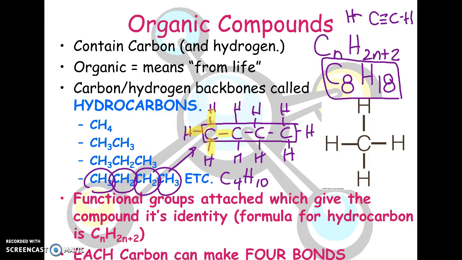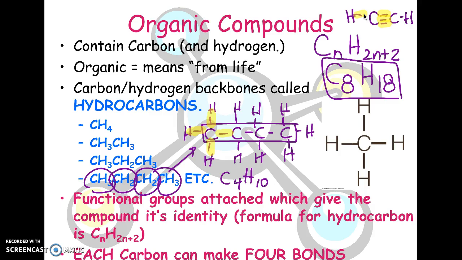And even though there's a triple bond here, there's a total of 4 bonds: 1, 2, 3, 4. So carbon, no matter what you see it as a part of, will always make bonds to 4 things.